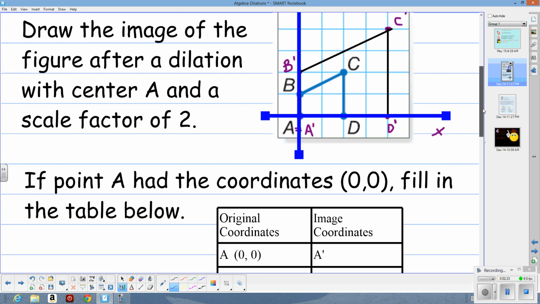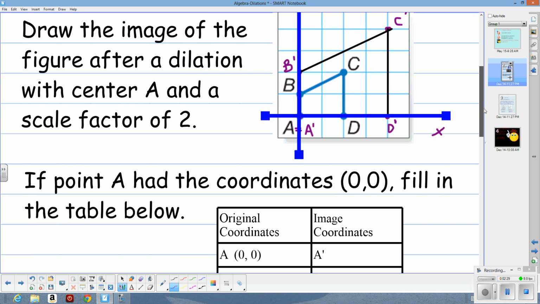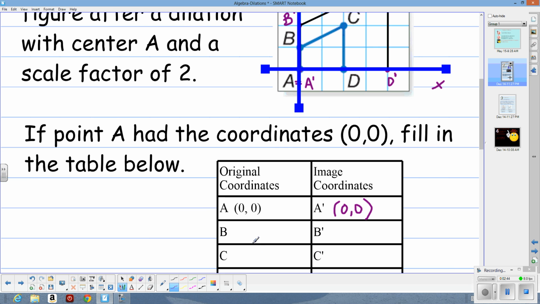If I did that, we're going to go ahead and fill in the original coordinates and then the image coordinates. The original was at 0, 0 for A. A prime is also at 0, 0. B was at 0, 1. And then B prime is at 0, 2.